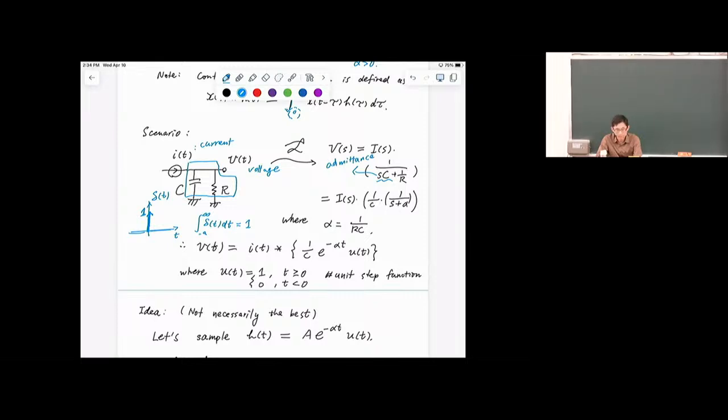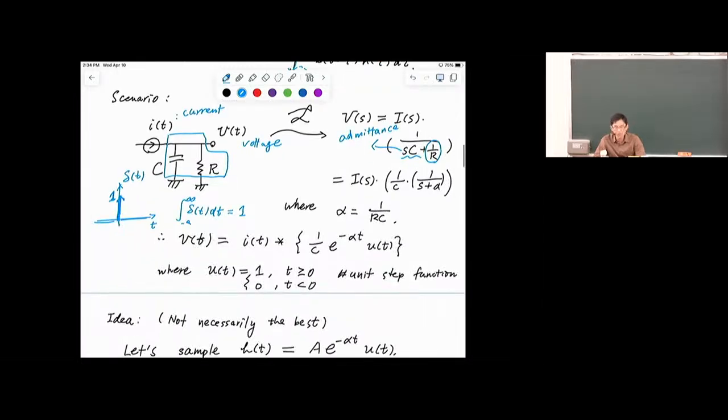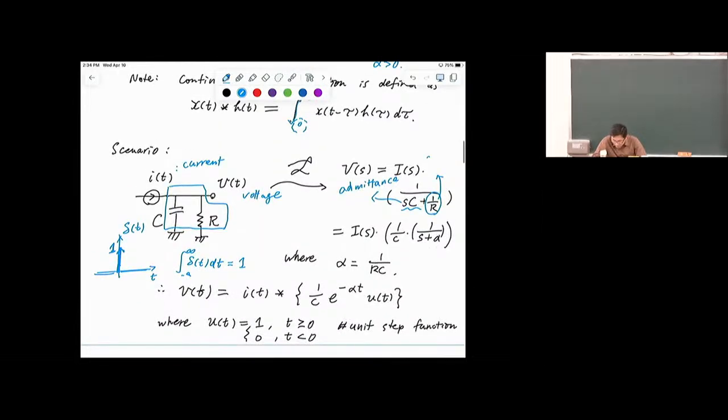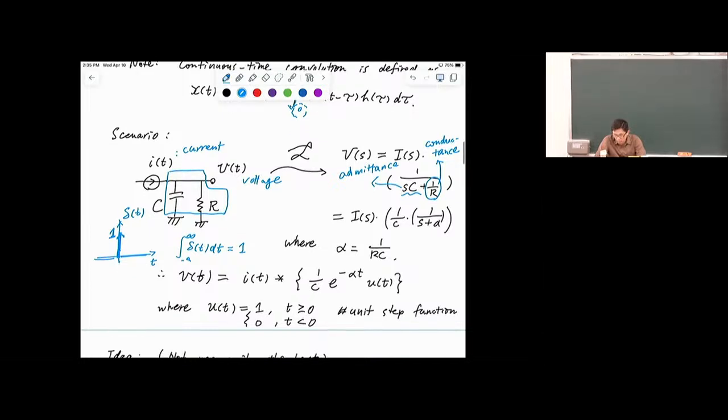The admittance of a resistor is simply its conductance, 1 over R. When we put the capacitor and the resistor in parallel, their admittances add.